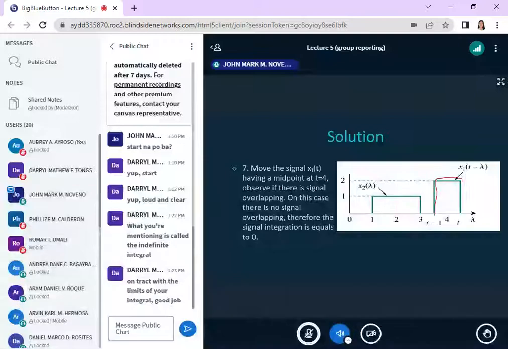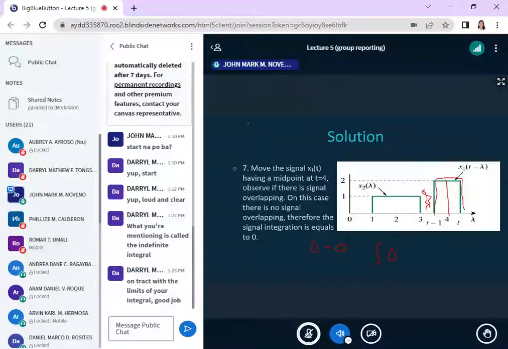And finally, pupunta naman tayo sa imumove naman natin yung signal, pero yung midpoint ng ating x sub 1 ngayon ay nandito na sa 4. So, observe natin, meron na naman bang nag-overlap sa signals natin. So, wala tayong nakitang overlapping, ibig sabihin, 0 ang values natin. 0 sa x sub 1, tsaka 0 sa x sub 2. And pag multiply mo yung 0, 0 lang din yan. And pag in-integrate natin, 0 lang din yung lalabas.